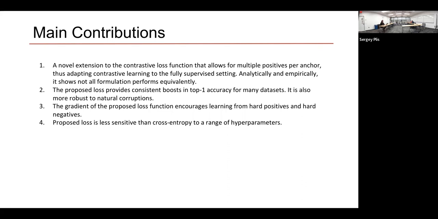So the major contribution of this paper is that they extended the traditional concept of self-supervised contrastive learning to a fully supervised contrastive setting. And they have shown that it is not only an extension of self-supervised contrastive learning, it also outperforms the traditional cross-entropy loss for the traditional cross-entropy based supervised classification setting.